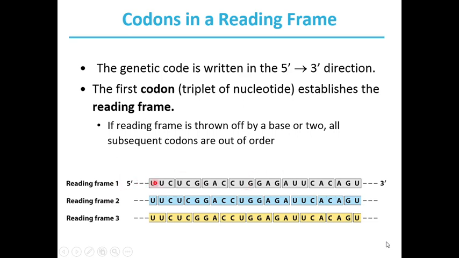The amino acid sequence of a protein is defined by a linear sequence of contiguous triplets, and these triplets are the codons. So in principle, any single-stranded DNA or mRNA sequence has 3 possible reading frames: reading frame 1, 2, and 3. But only one is likely to encode a given protein.